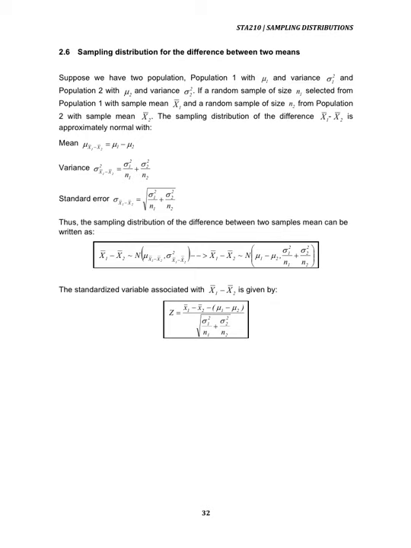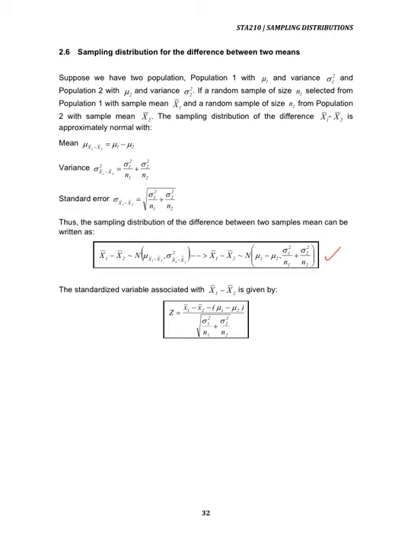Okay, so how to write the notation for the sampling distribution of the difference between two population means? So cara nak tulis dia adalah like this. x bar 1 minus x bar 2 has normal distribution with mean mu1 minus mu2 and variance sigma 1 square over n1 plus sigma 2 square over n2.